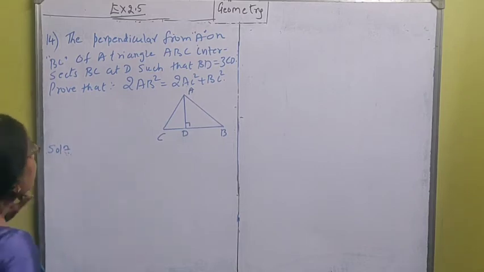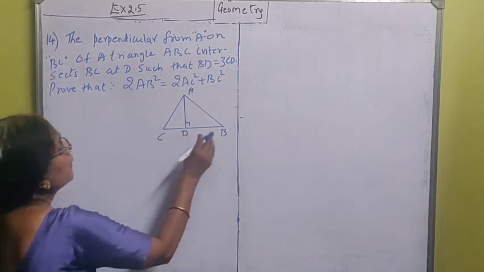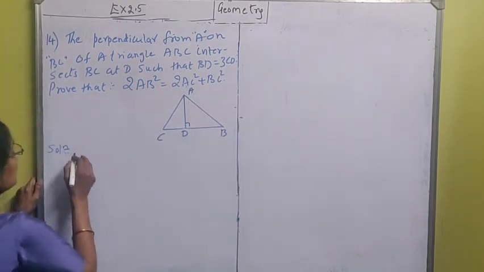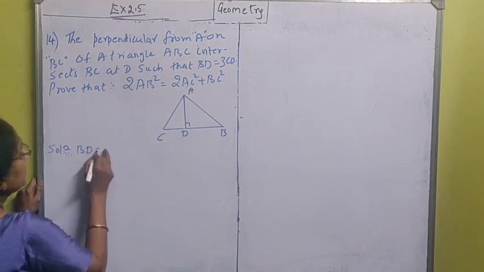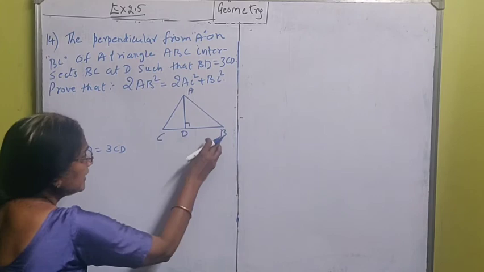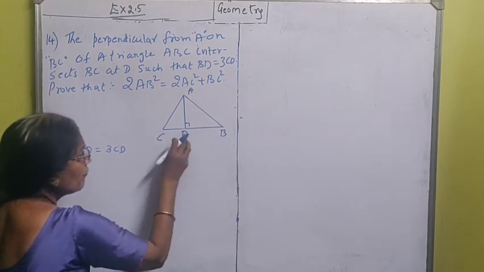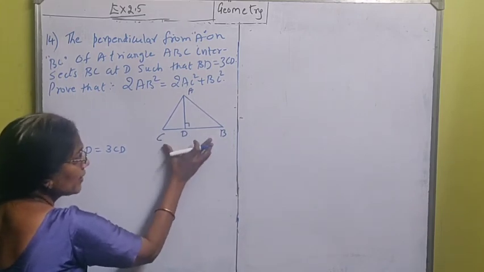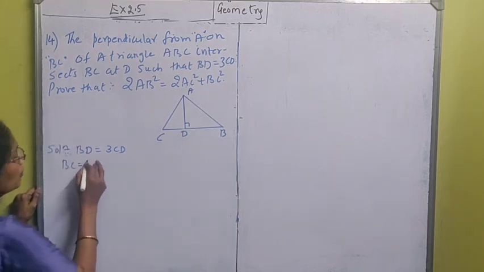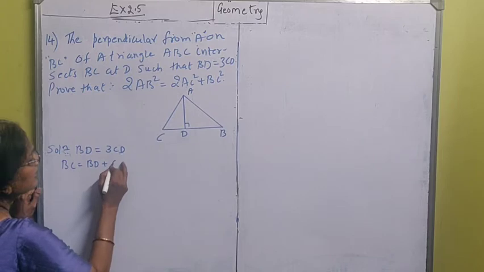First we will take BD is equal to 3CD. What is given? BD is equal to thrice CD is given. Now, you can see that BC is made up of BD plus CD. So BC is equal to BD plus CD.